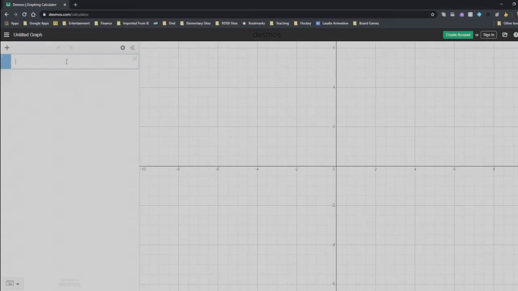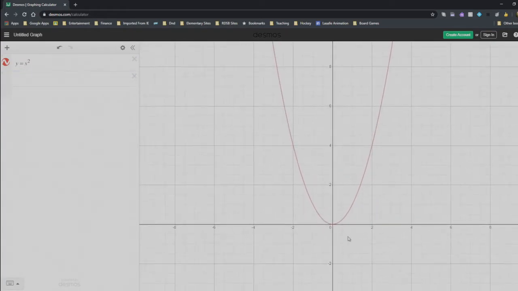So here is the Desmos calculator online. We're going to graph our y is equal to x to the power of 2 graph. And that is our regular parabola. So if I ask you, before I type it in, what would happen if I wrote y is equal to x minus 2 squared?